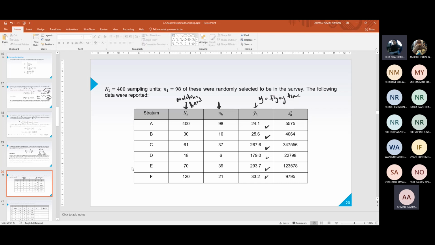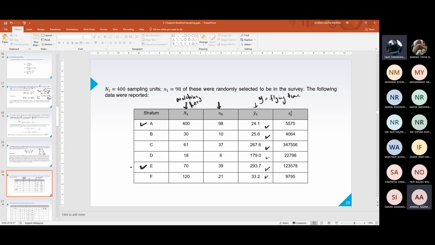It is almost 10 times longer flying time for Nelchina herd at stratum E compared to stratum A. That is why, if me, I would prefer using stratified random sampling, because we can get this depth of insight to help us in decision making or to make estimation.